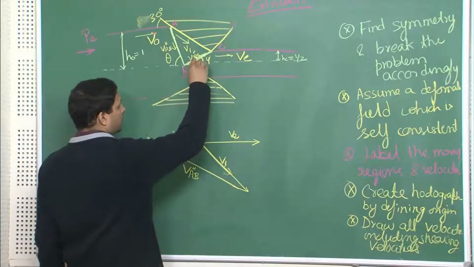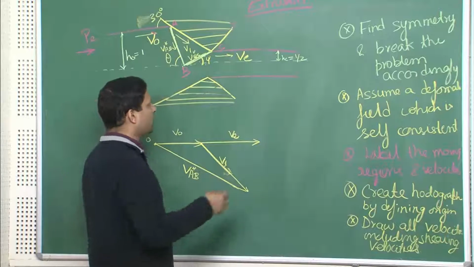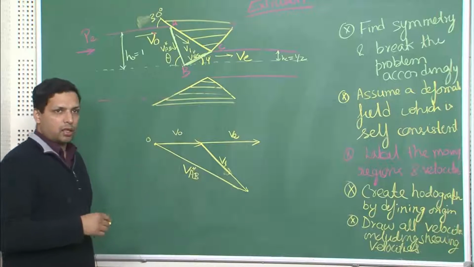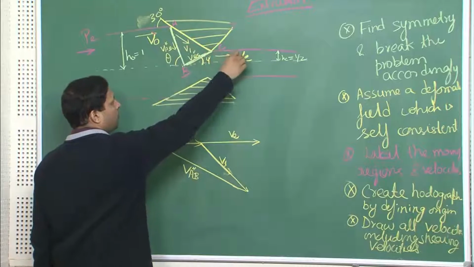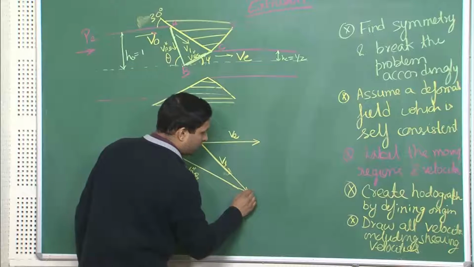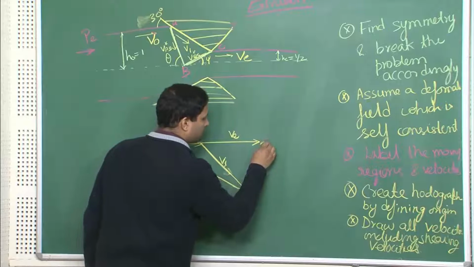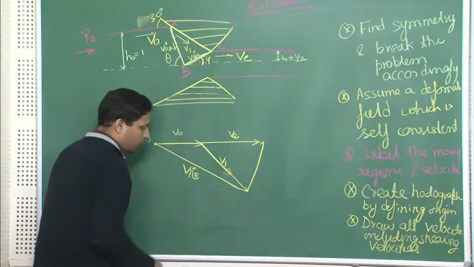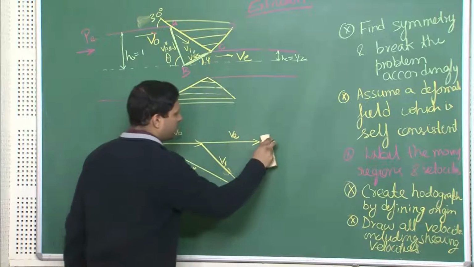Next, we have VBC, which is the next internal shearing velocity taking place, and this is connecting V1 to V exit. So, from V1 here we have to connect to V exit. This has to be parallel to this line BC.